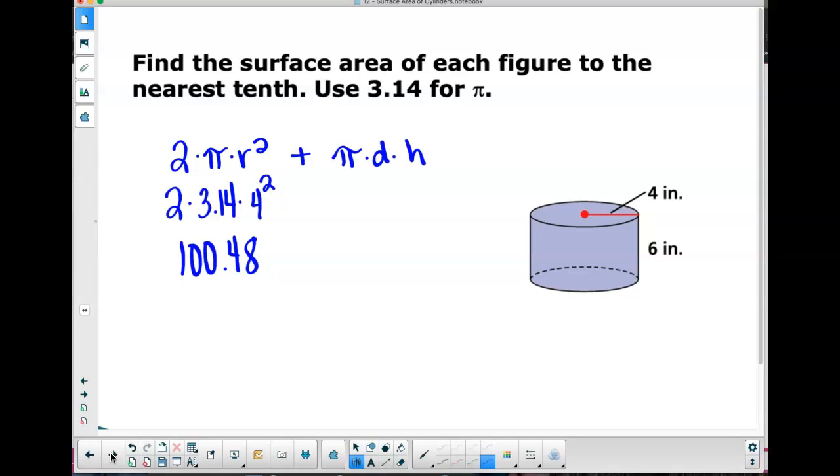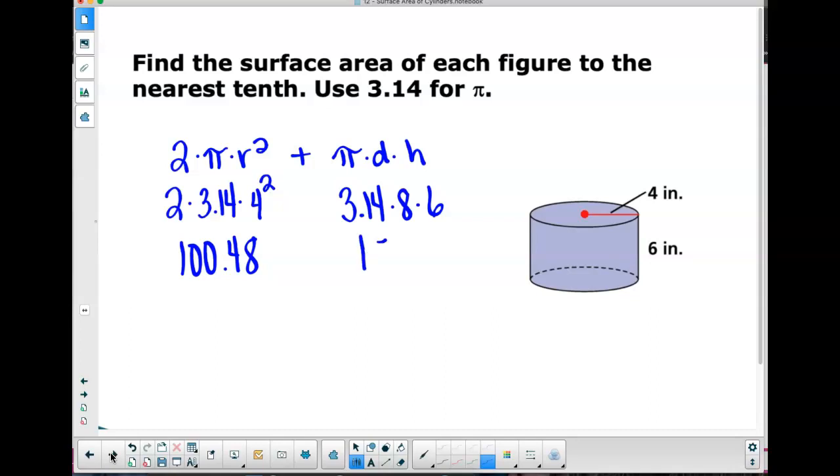We have to do pi, 3.14. What's the diameter of the circle? 8. What's the height of the cylinder? 6. So we type that in. 3.14 times 8 times 6.